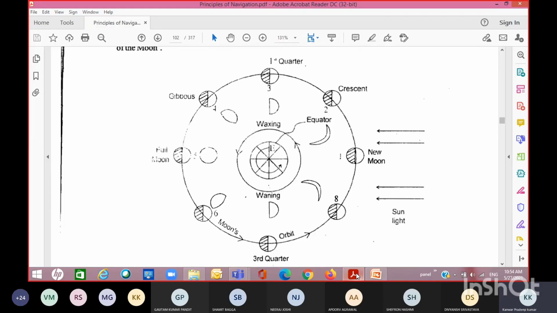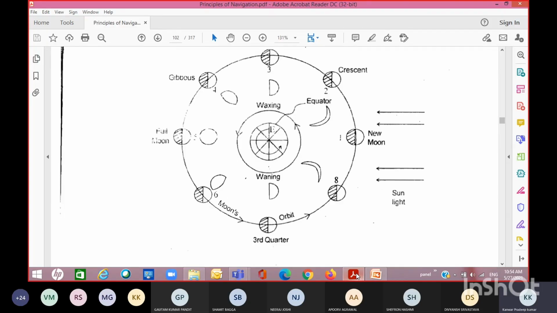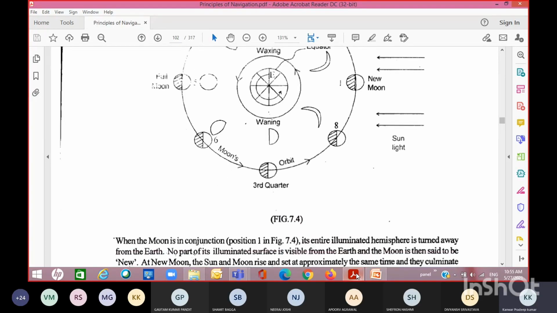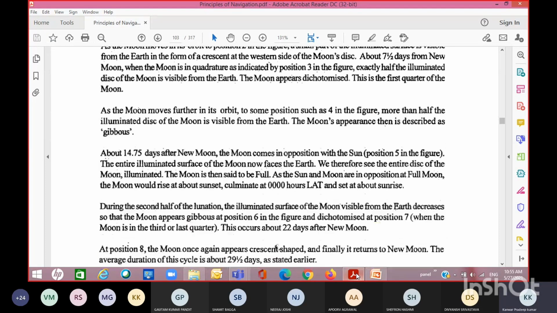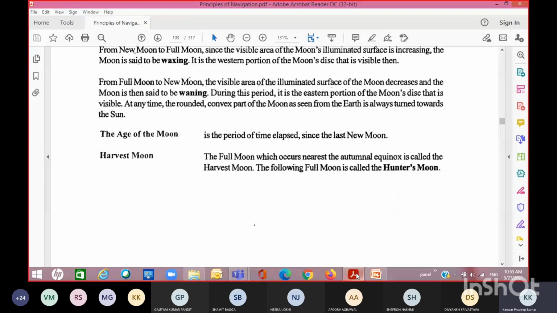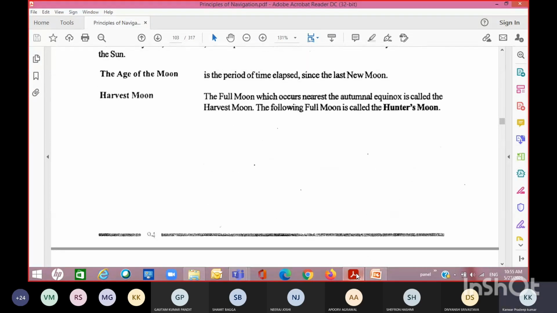So we'll move on. This is quite an easy and simple topic. Waxing and waning of the moon, different phases of the moon. The phase is also shown in the almanac. I will just take you down to the almanac and I will show you. So read this topic. It depends on the age of the moon. Is it the time period elapsed since the new moon?